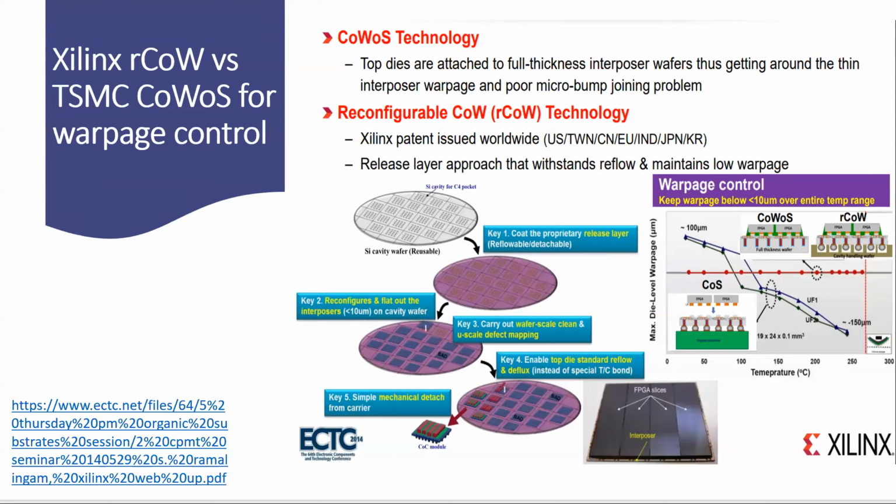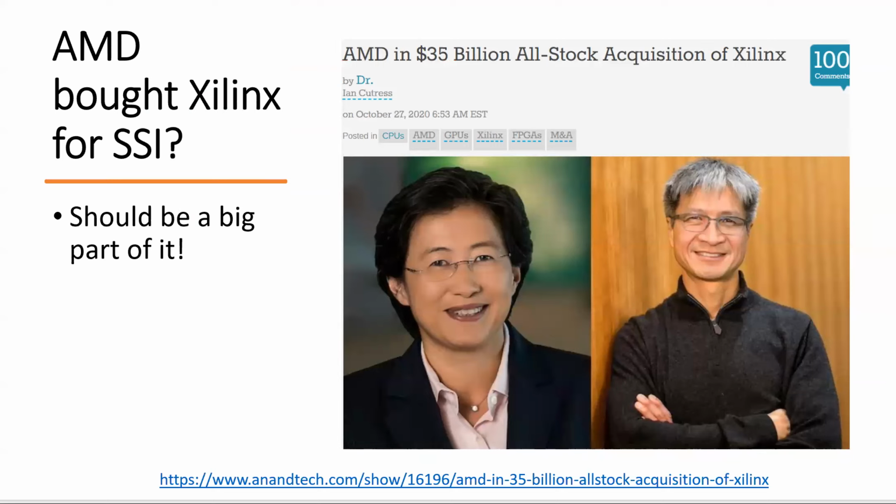When the customer wants to work with TSMC, TSMC can offer their IP, but usually the customer will provide their own IP to complement what TSMC can do for them, because that will be a key leverage as well. And so my thought process is that AMD buying Xilinx is, for a big portion of it, for their SSI. Why do I think so?